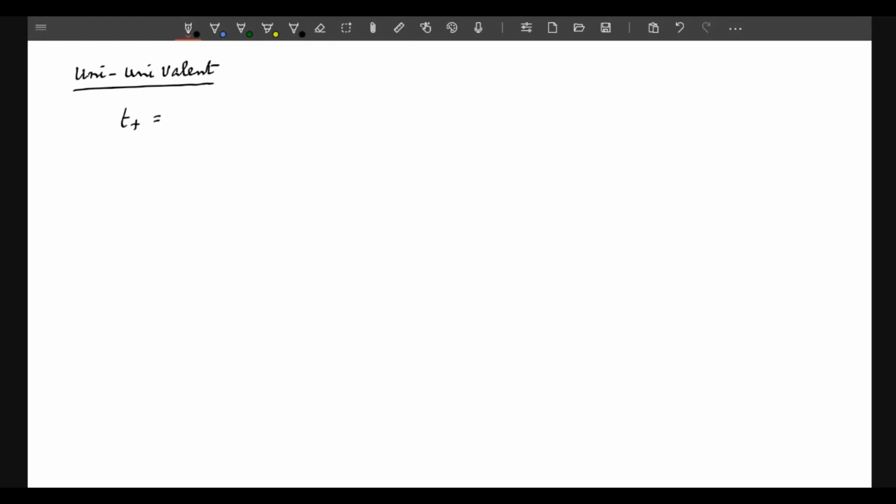t plus, the transport number of the cation, is equal to u plus by u plus plus u minus.